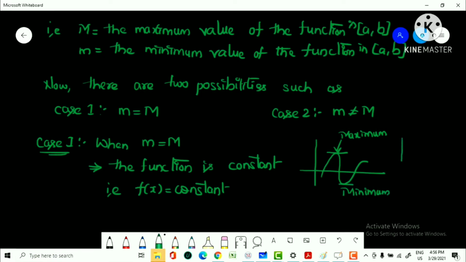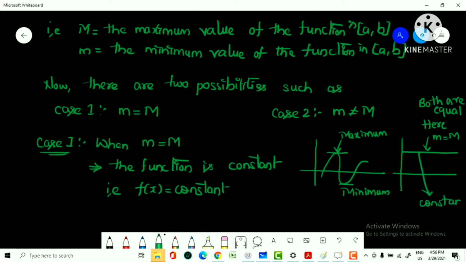But what if I write like this? That means here small m is equal to capital M. Both are equal. Okay, so this kind of functions are called constant functions.